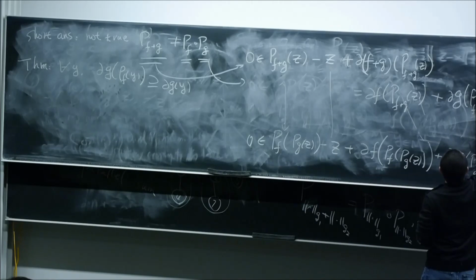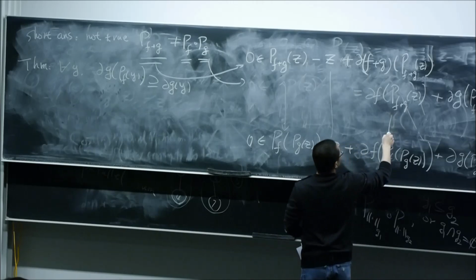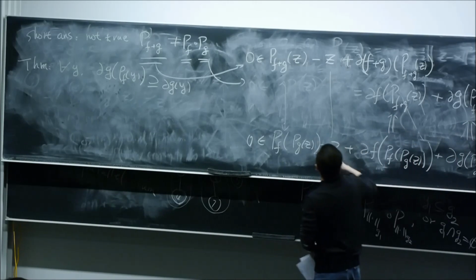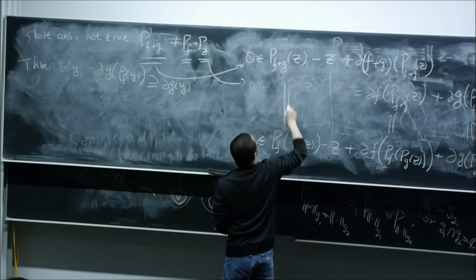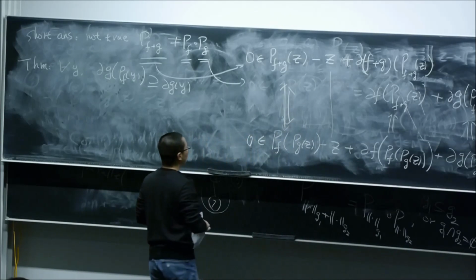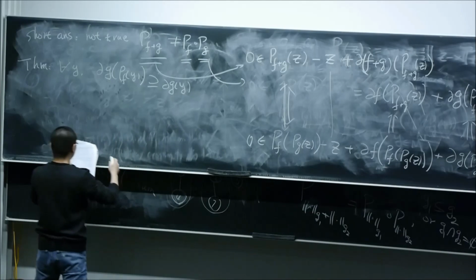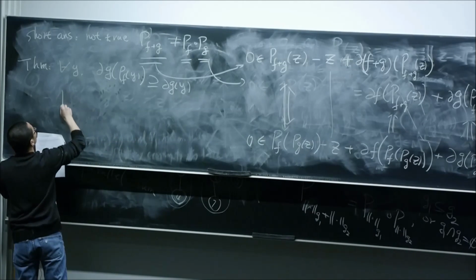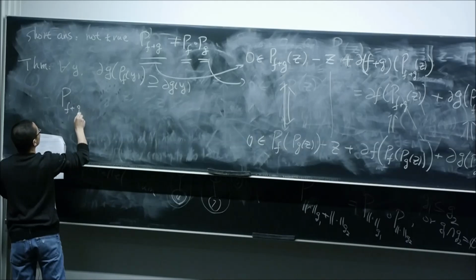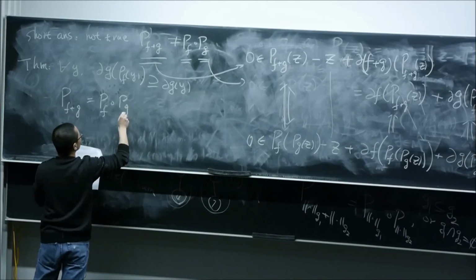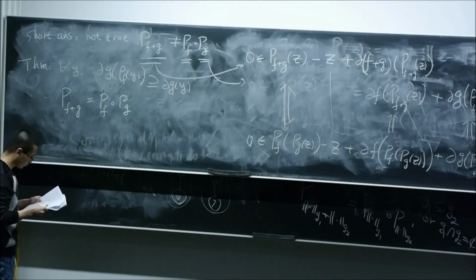Not always, but almost. Okay. And then we just compare this term, compare that term, and compare this term. Under this condition, we can do the comparison, and we'll have P of f plus g. It's going to be Pf composed with Pg. Okay?